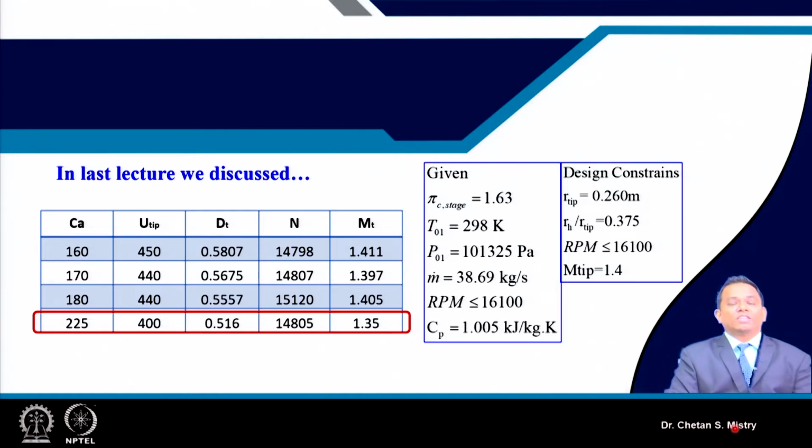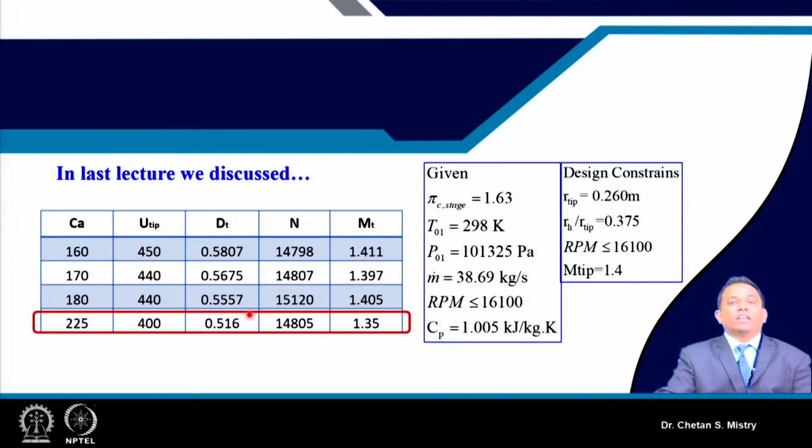In the last lecture we were discussing different approaches to address the design. One approach we decided on was assuming the axial velocity and the peripheral speed, and with different combinations we came up with the solution. For the current design we take the axial velocity to be 225 meter per second and the peripheral speed to be 400 meter per second.